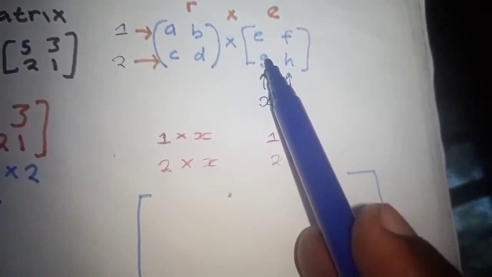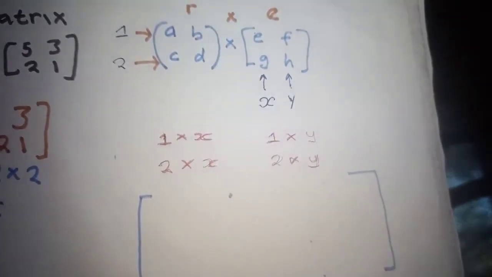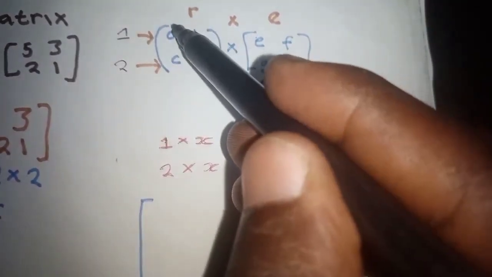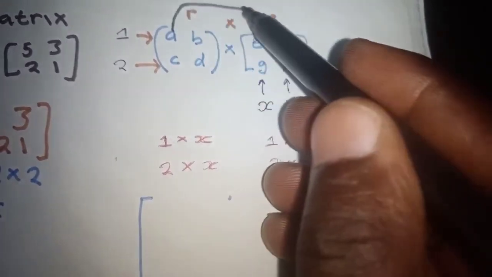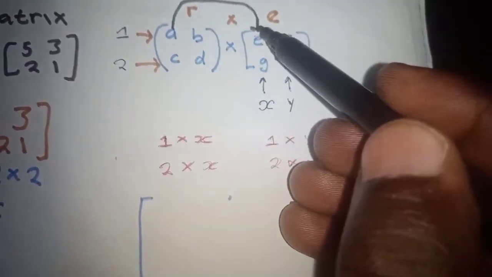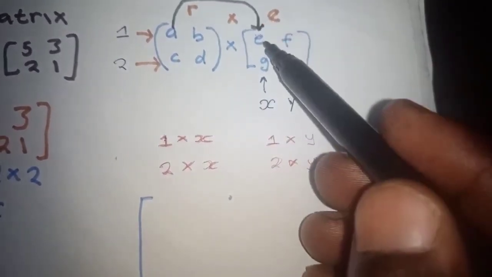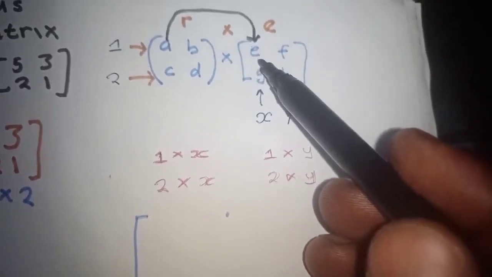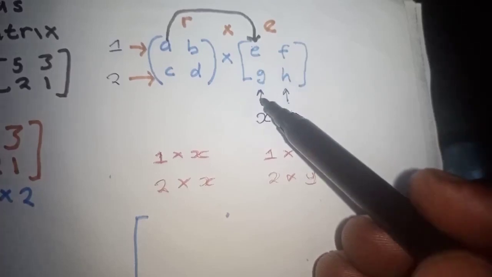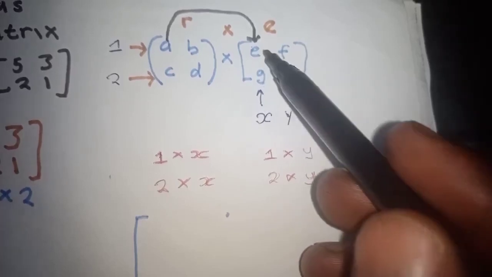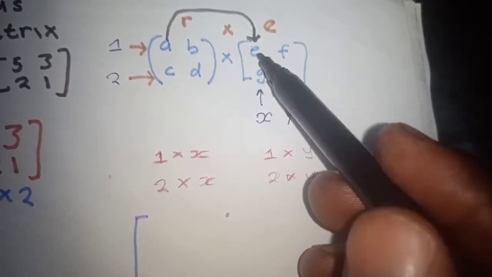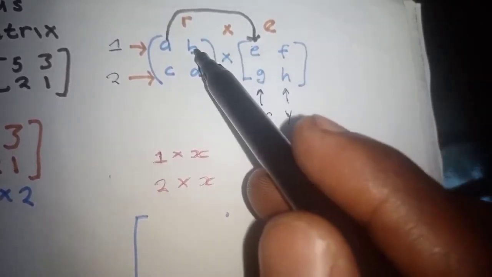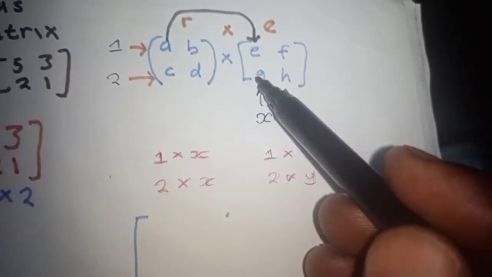Now, the way the multiplication takes place here, I want you to pay attention. The first letter, A, will multiply with the element on top in this column, which is E. Then B multiplies with the number that is down in the column.